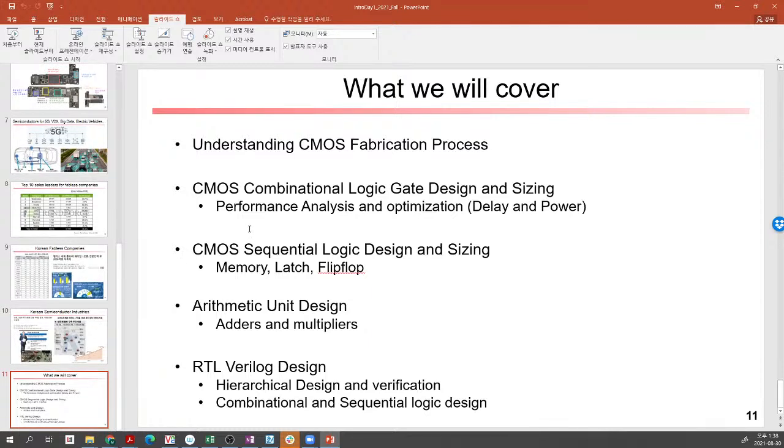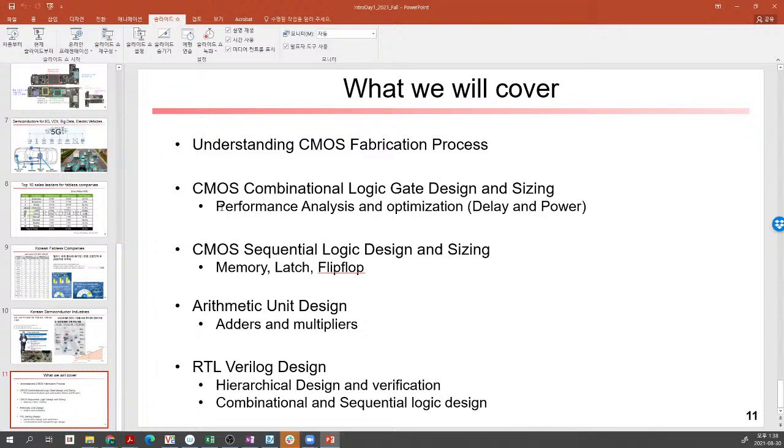Throughout this course, first we will understand the CMOS fabrication process. Once we understand how the CMOS device, the transistor, is fabricated, we will move on to combinational logic gate design. We will do some performance analysis and optimization in terms of delay and power.